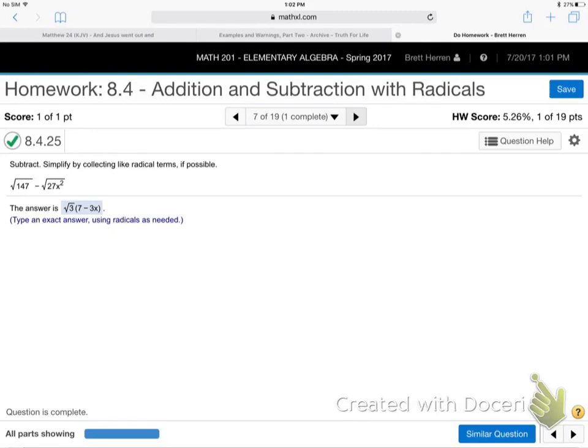So, square root of 147 minus the square root of 27x squared. So try that. Those are some big ugly numbers.